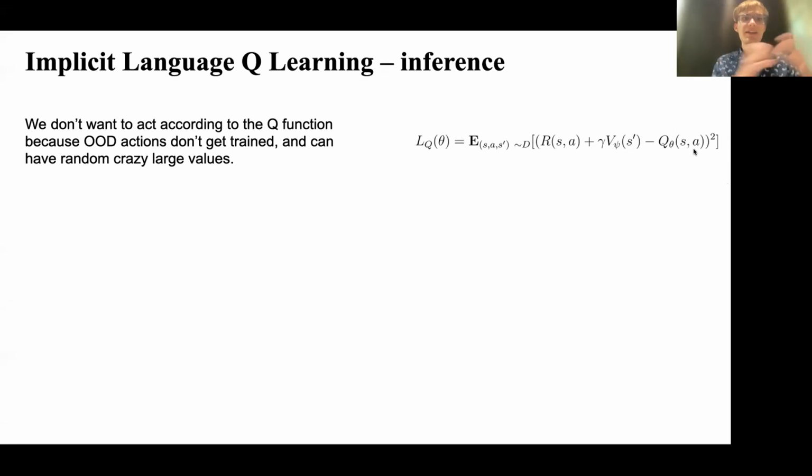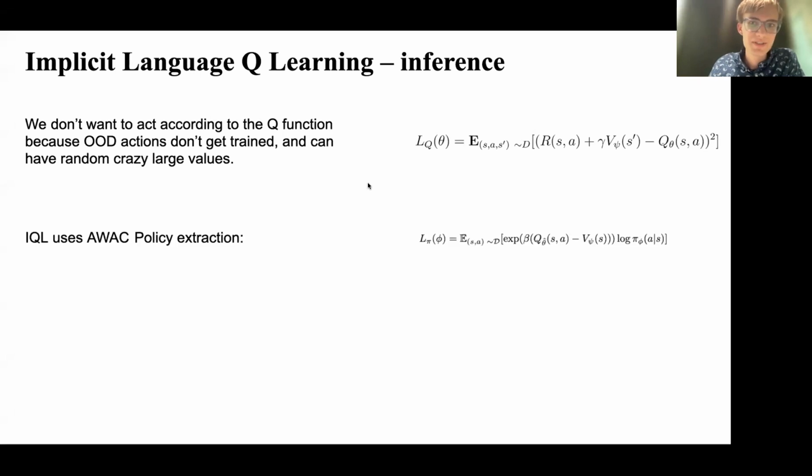If there's a state action pair that's totally out of distribution, the Q function would have never gotten trained on that, and its value could just be arbitrarily large, which could cause us to do some weird things if we're just taking the maximum action.